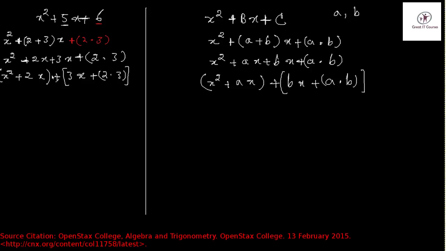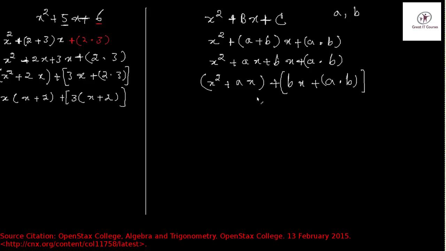And now what I did was just factor out the greatest common factor in these two terms and in these two terms as well. So basically here I can write x into x plus 2 plus 3 into x plus 2.